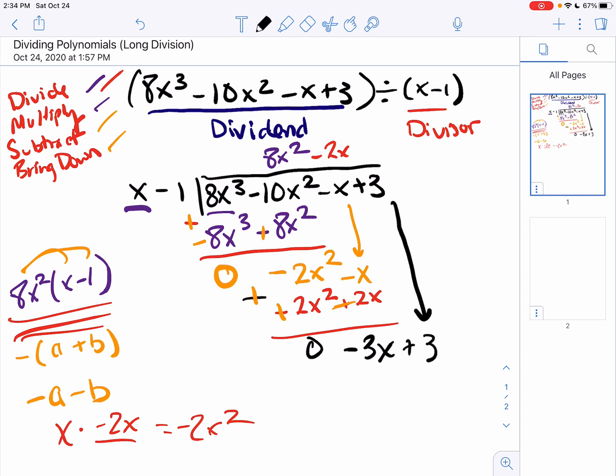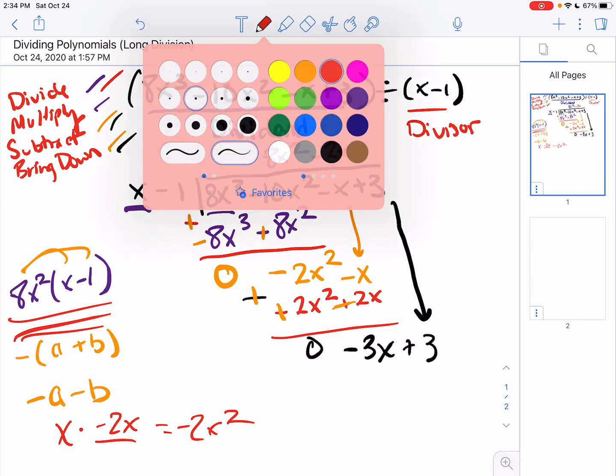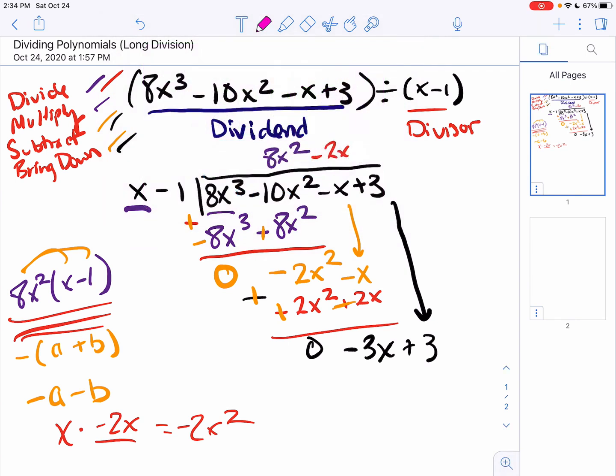And now I'm going to repeat one more time the same process. It's a little bit repetitive, but it's not too bad. So, how many times does x go into negative 3x? Negative 3 times. Now I'm going to do my multiplication. Negative 3 times x is negative 3x. Negative 3 times negative 1 is positive 3.